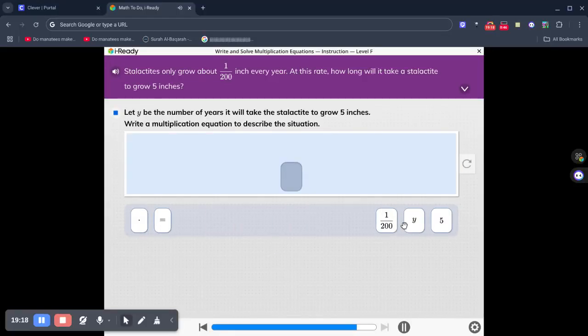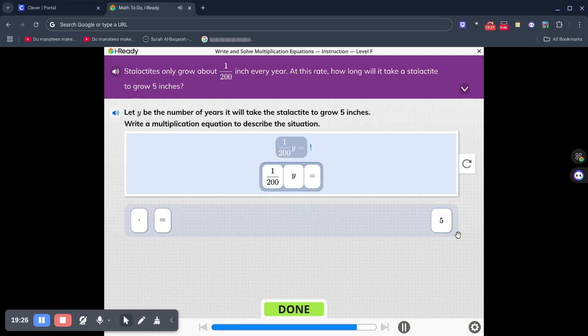Let y be the number of years it will take the stalactite to grow 5 inches. Write a multiplication equation to describe the situation.